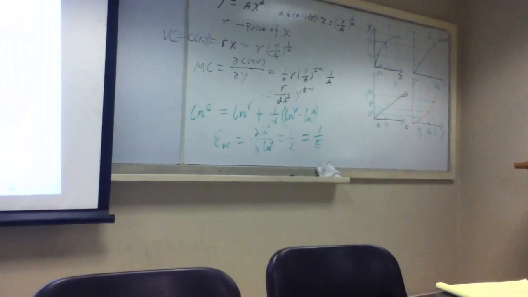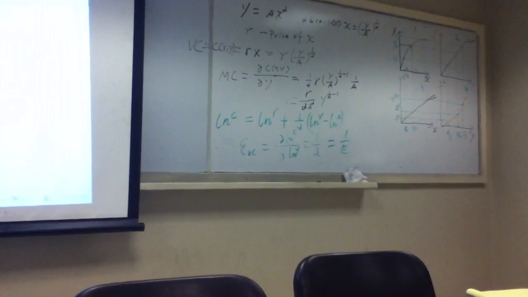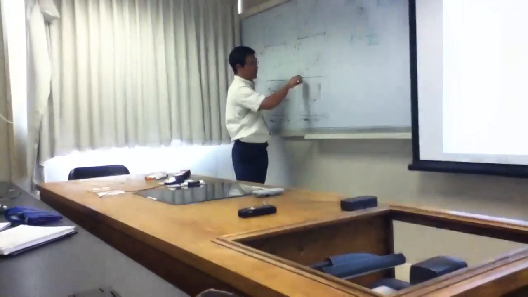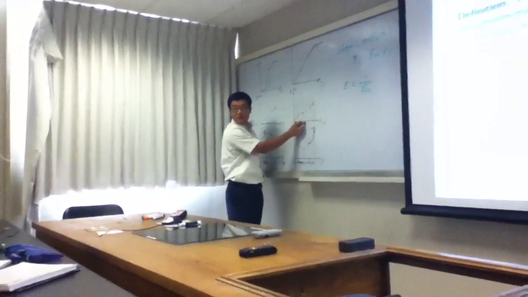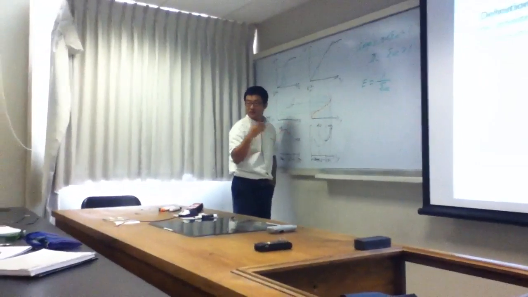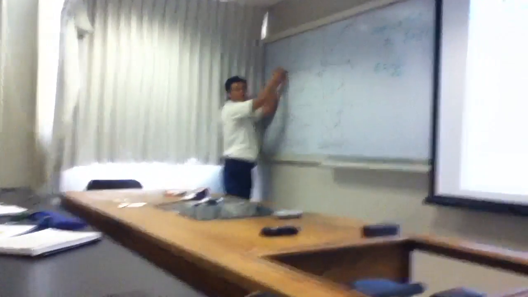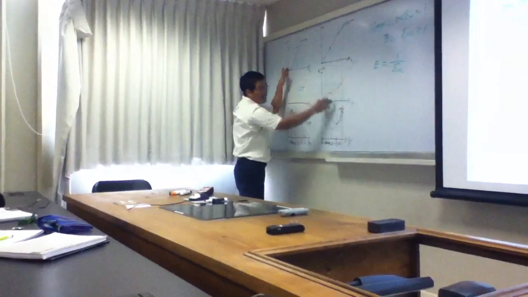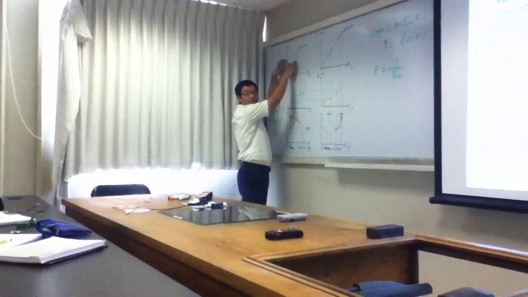So there's a perfect matching between returns to scale and economies of scale. It's the two sides of the same coin, okay? Which can be seen here. In this area, in stage 1, if I increase my size, my cost is going to decrease. So there's economies of scale, which in this stage you have increasing returns to scale, correct? So economies of scale is equivalent to increasing returns to scale.